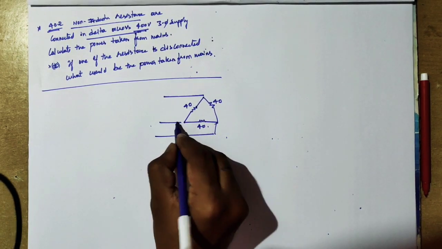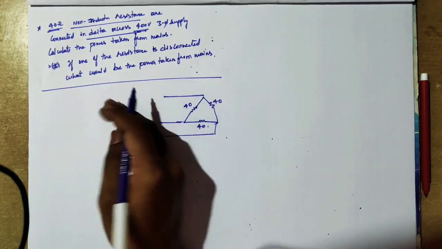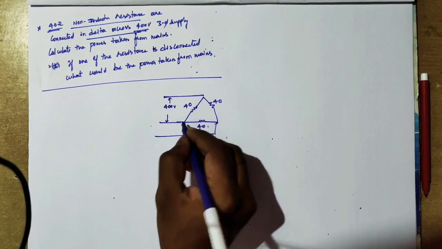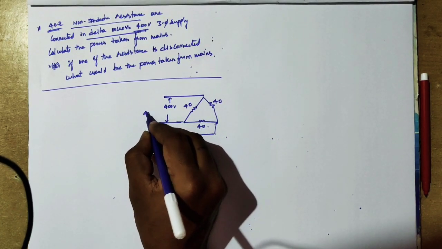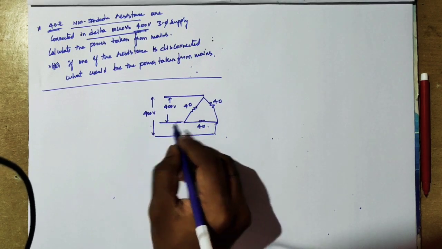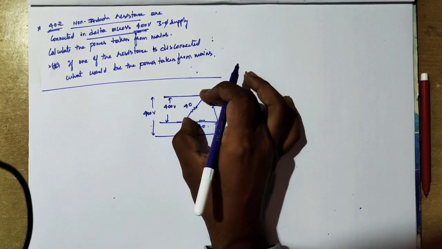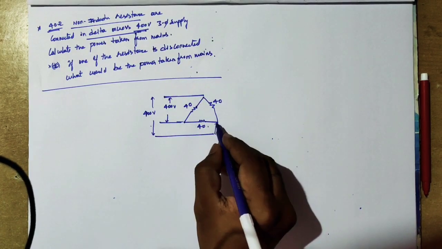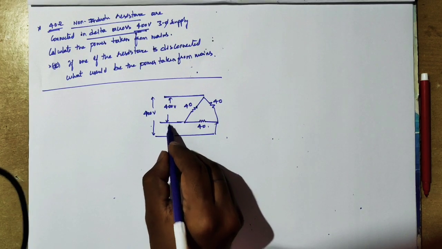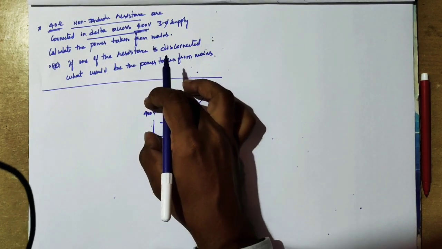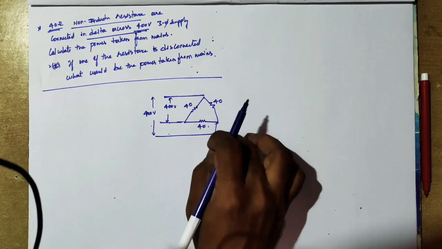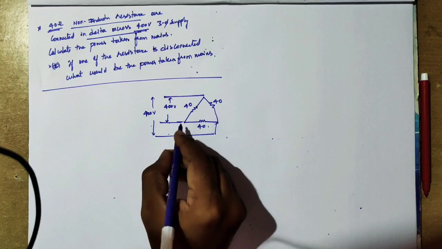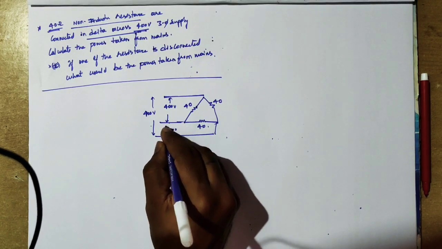I am not drawing the source here, but there will be a source, and the line voltage is 400 volts. So this 400 volts appears across these two phases, and this voltage is given to this 40 ohm.